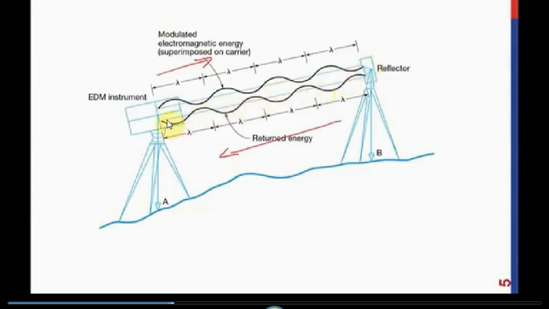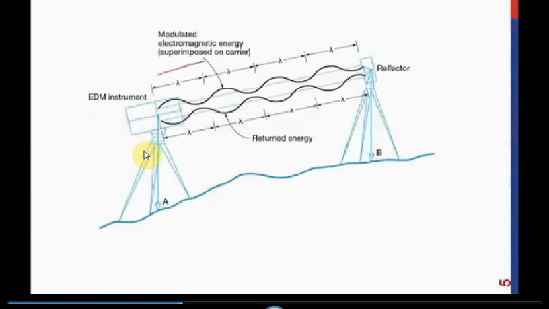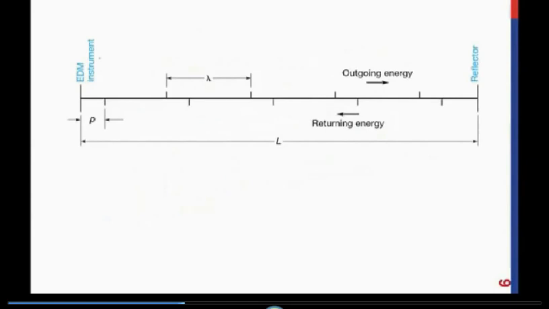Or we can measure the number of wavelengths, that is how many lambdas are there, and we can also measure the fractional part of the lambda, to find the length between A and B. So these are the two methods by which we can measure the distance between 2 points using electronic distance measurement instrument.